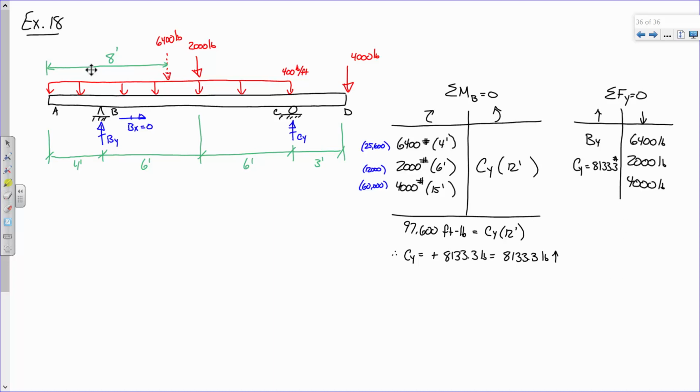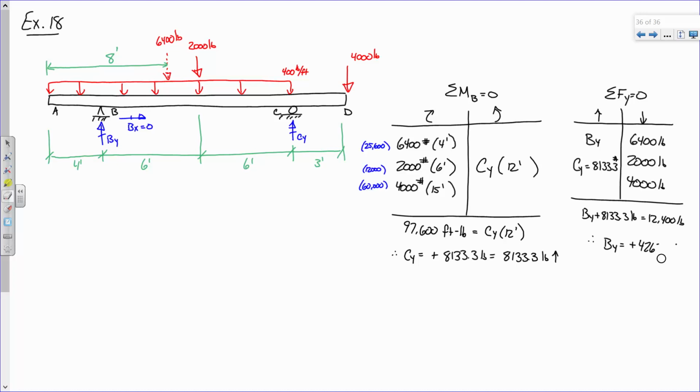So BY plus 8133.3 pounds equals 12,400. Did I do that right? So BY is positive what? 4266.7.